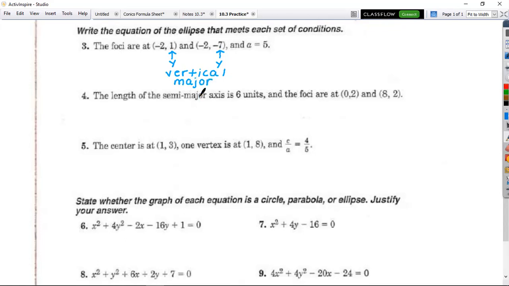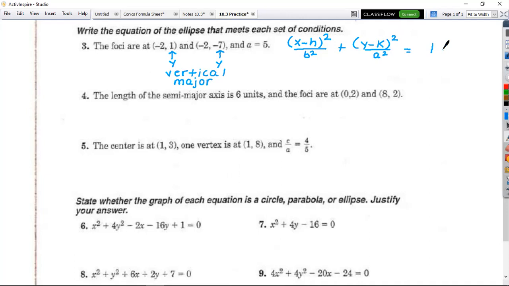A is equal to 5, that's given to you. I'm going to start and build this equation. Vertical major means I have x minus h squared over b squared plus y minus k squared over a squared equals 1.